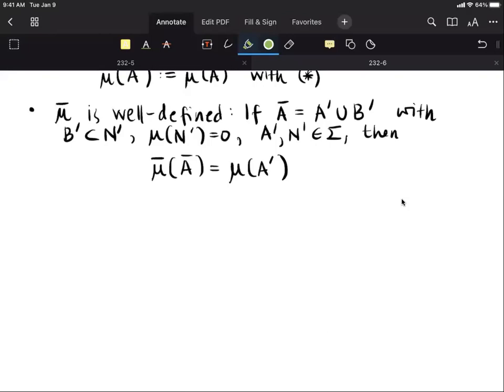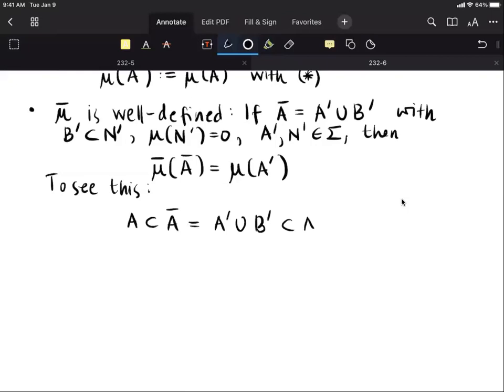Okay, to see this, so indeed, take note that A being a subset of A bar is equal to A prime union B prime, but B prime is a subset of N prime.